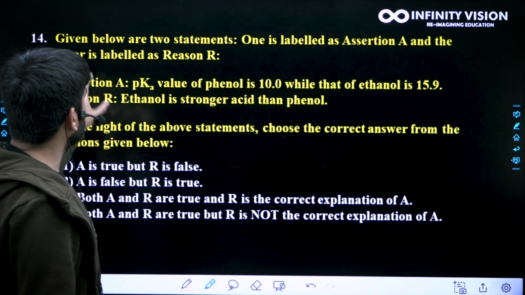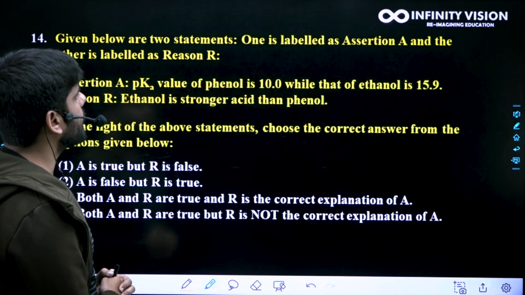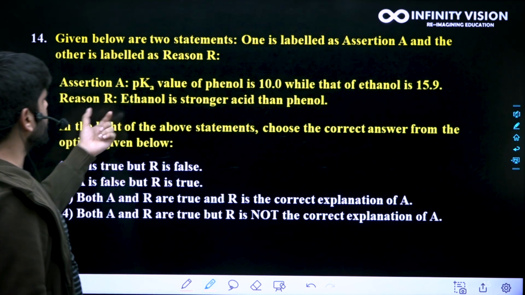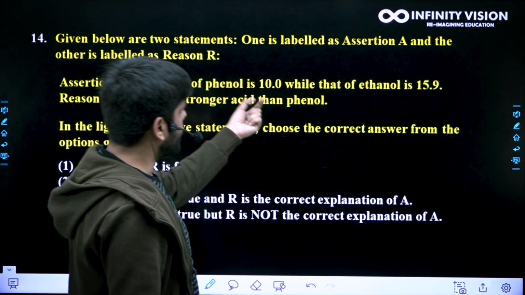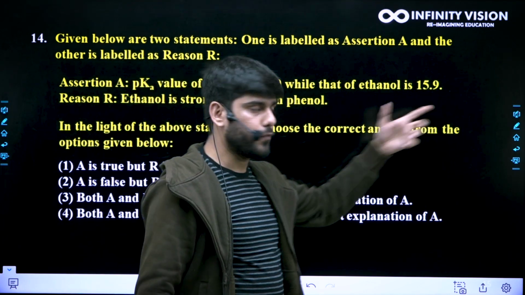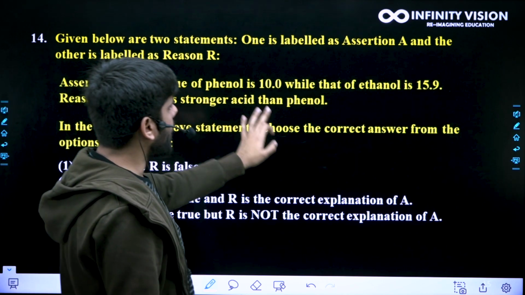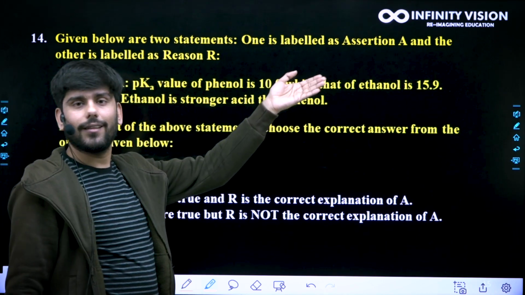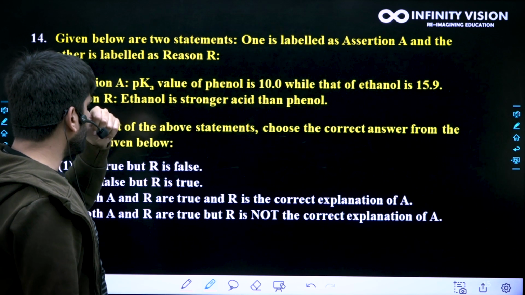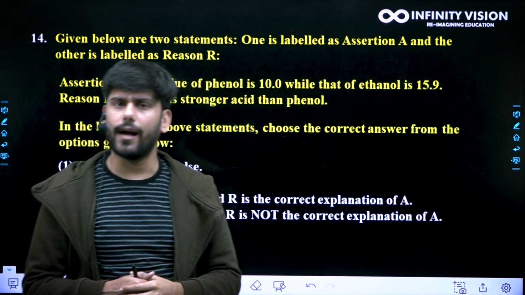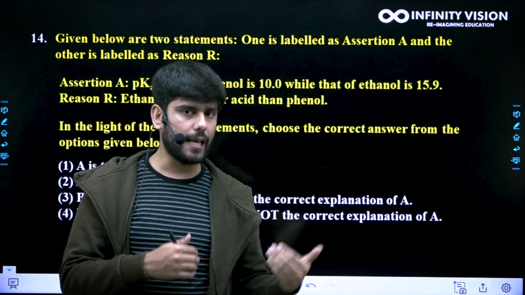The next question is, given below are two statements. One is labeled as assertion and the other is labeled as reason. Assertion is the pKa value of phenol is 10 while that of ethanol is 15.9. And reason is ethanol is a stronger acid than phenol. It is contradicting the assertion. So basically, the assertion is true, because we know that phenol is more acidic, so it has a lesser pKa value.